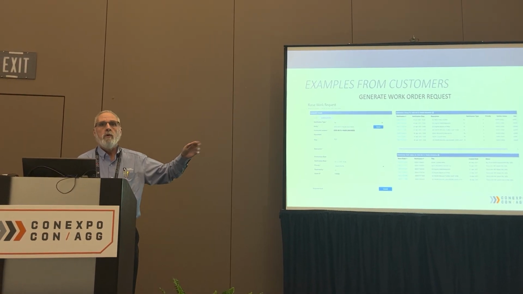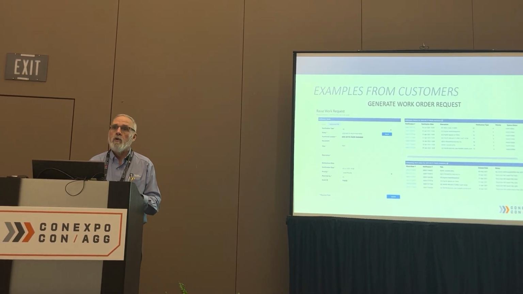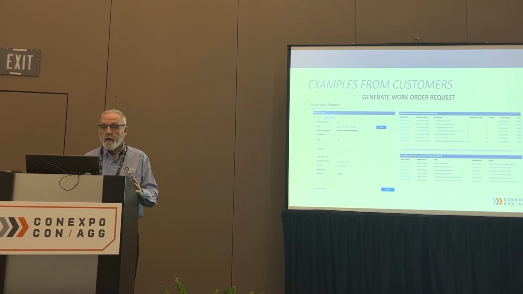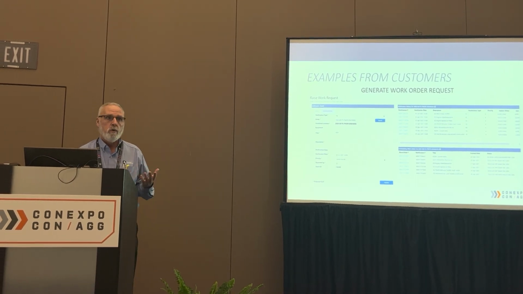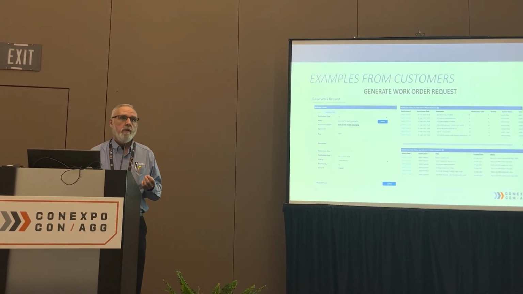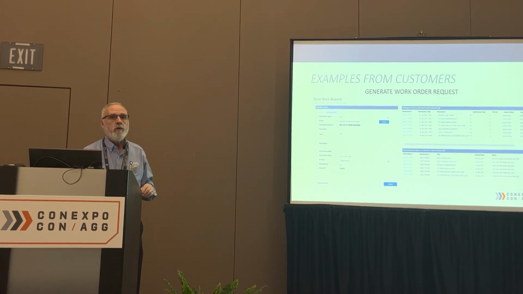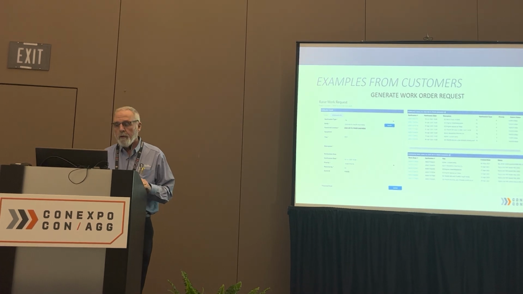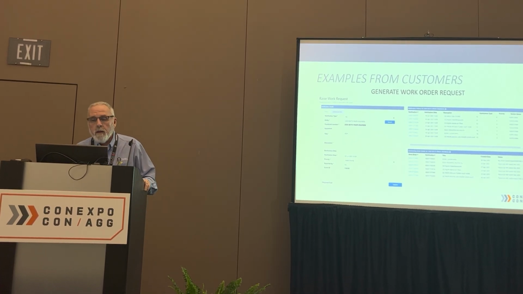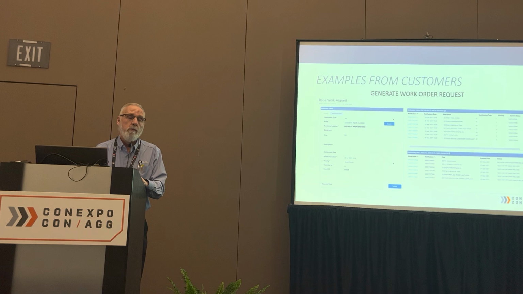They would select the ones they actually want to create a work order for. They'd click on it, and that box on the left would pop up, raise work order request. And then that person could enter any other text they wanted the technician to be aware of. This was also done in SAP.